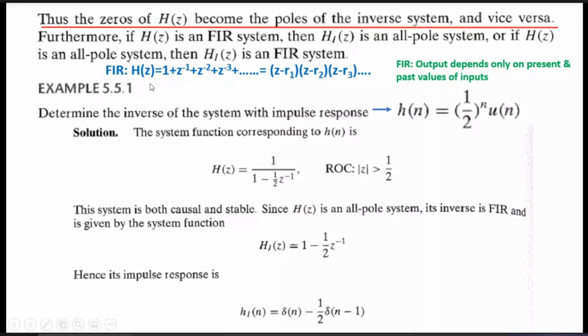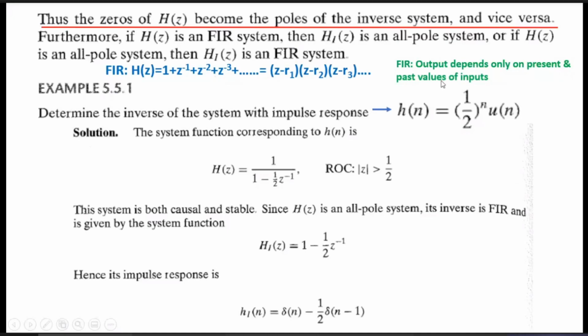The transfer function of that system takes this type of form: 1 plus z inverse plus z to the power minus 2 plus z to the power minus 3. It comes from y[n] equal to x[n] plus x[n minus 1] plus x[n minus 2], that means present and past values of input.